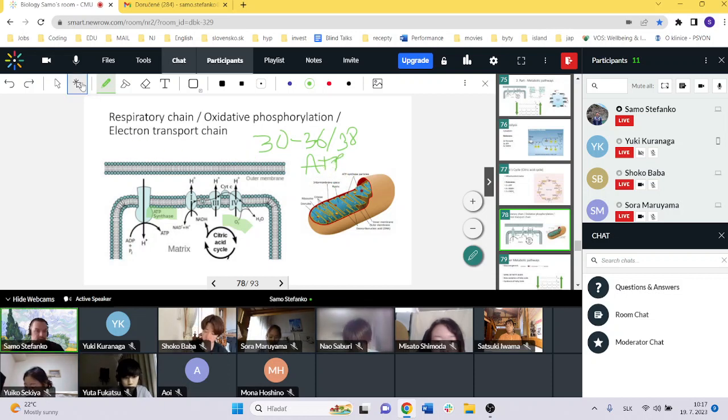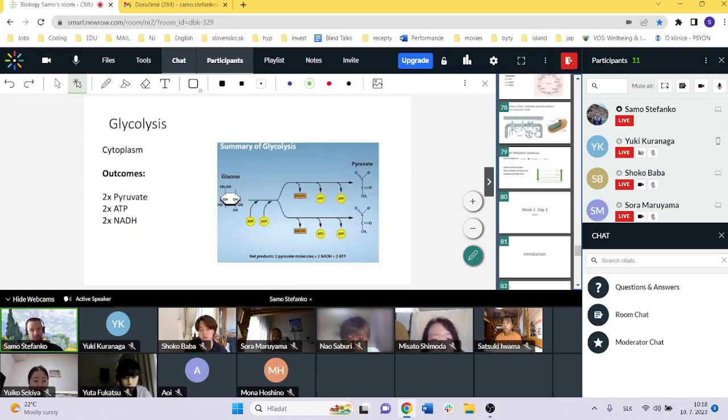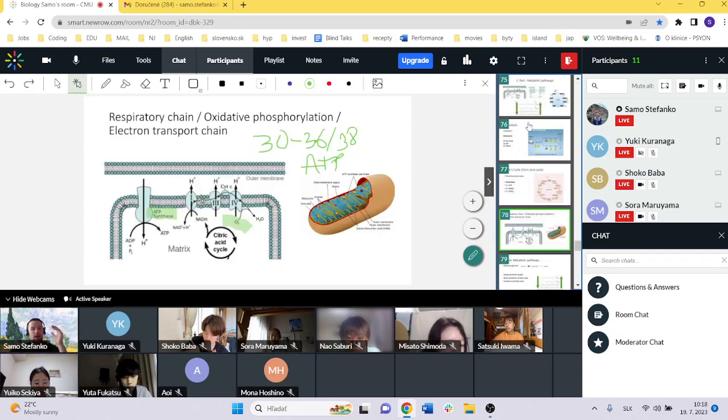Okay, and the respiratory chain is happening in the inner mitochondrial membrane. This pathway, also like the Krebs cycle and glycolysis, we covered in a very superficial way. However, in order to have an overview of those metabolic pathways, you will cover them in more detail in higher years or during the medicine studies.